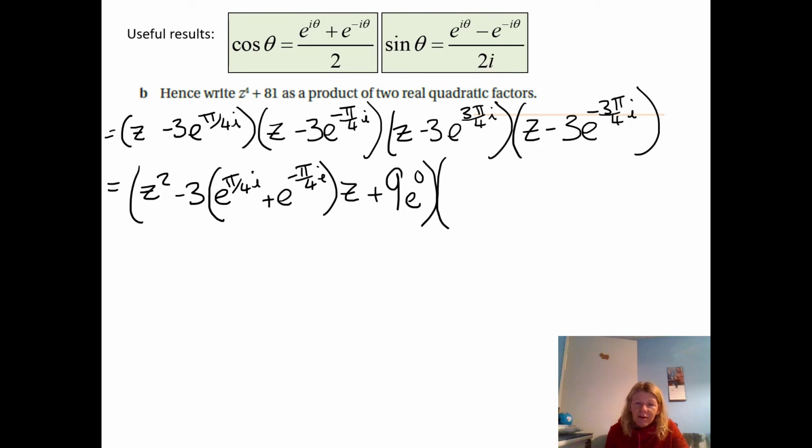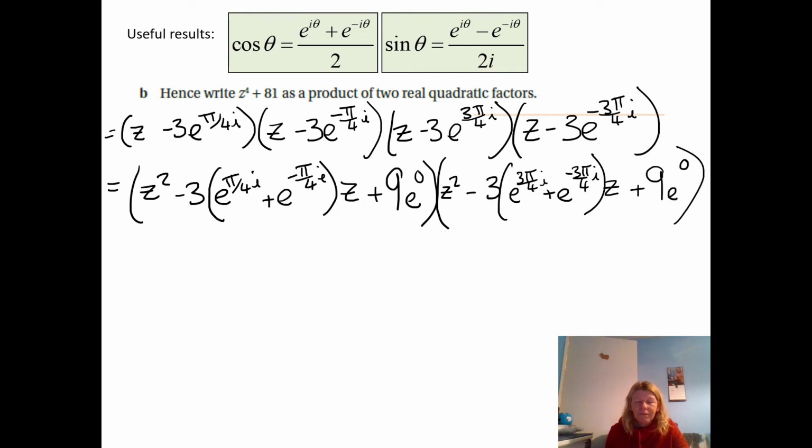And on this one, very similar, z squared, the middle terms this time will be minus 3 in bracket, e to the 3/4 pi i plus e to the minus 3/4 pi i, z, and then again plus 9 e to the, add the powers, 0. E to the power 0 is 1, so that brings the 9 up.